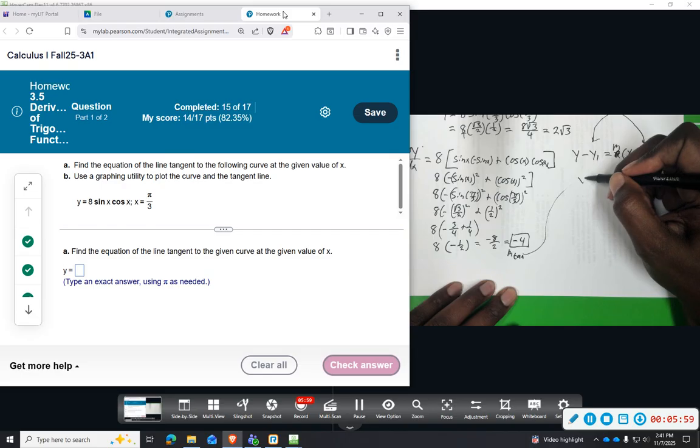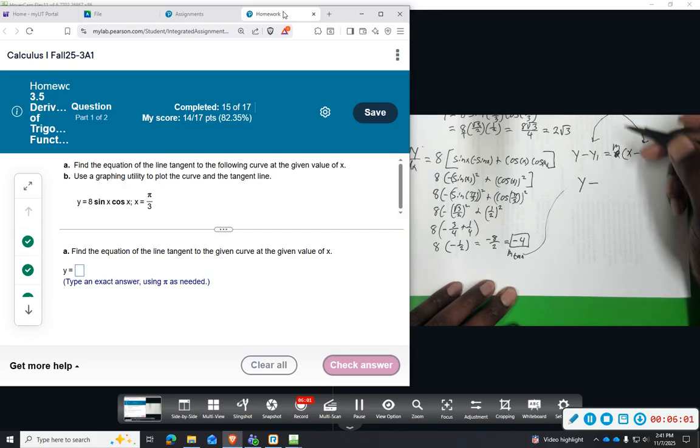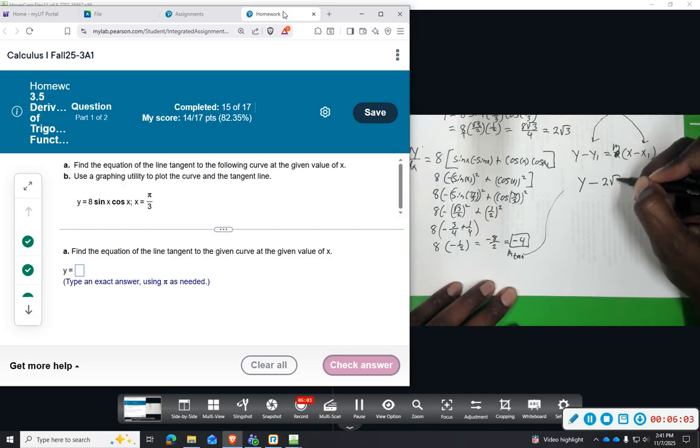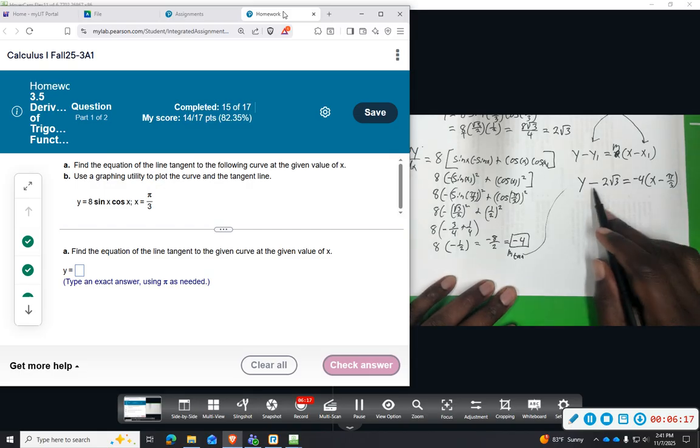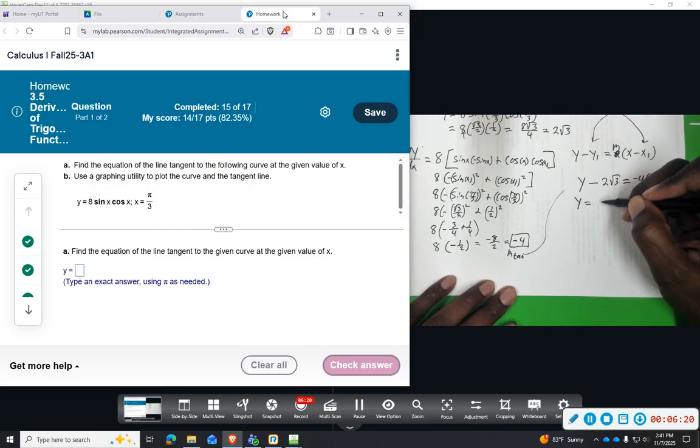So we'll have y minus the y value of 2 square roots of 3 equal the slope, which is a negative 4, and then x minus the x value of pi over 3.